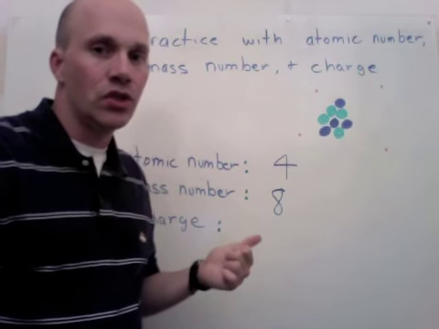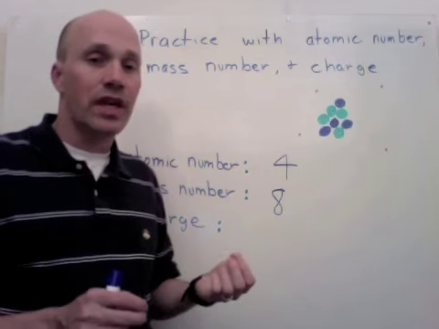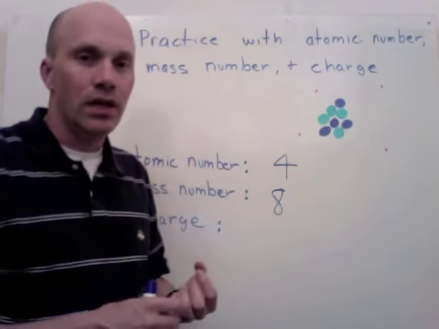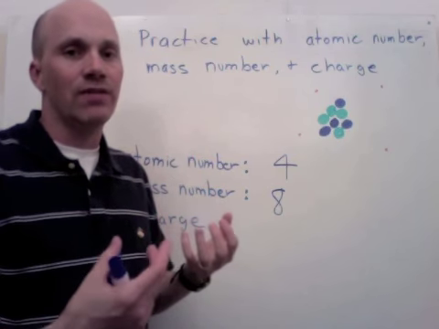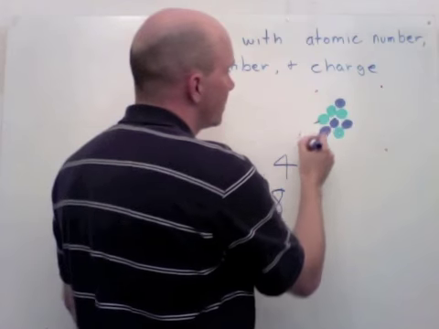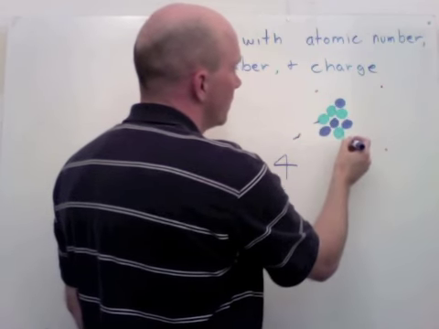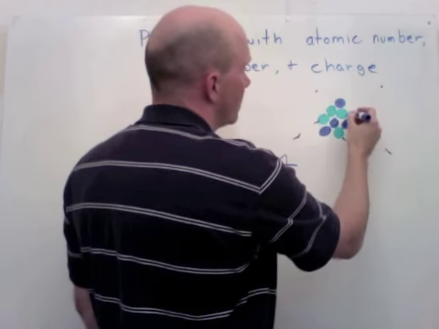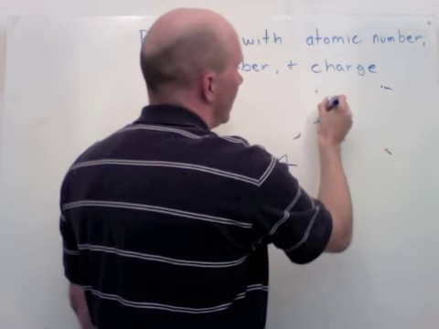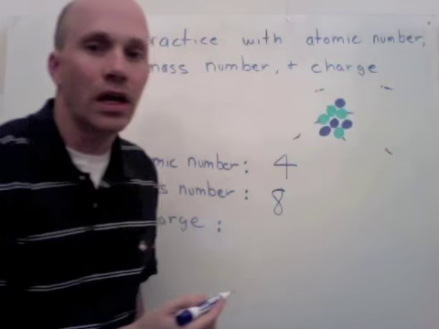And finally, let's do the charge. The way I do this is just to cancel out 1 electron for every proton that you see, and then just to count up how much left over you have. Okay? So we could say that this cancels out with this, cancels out with this, cancels out with this, and this cancels out with this. Okay?